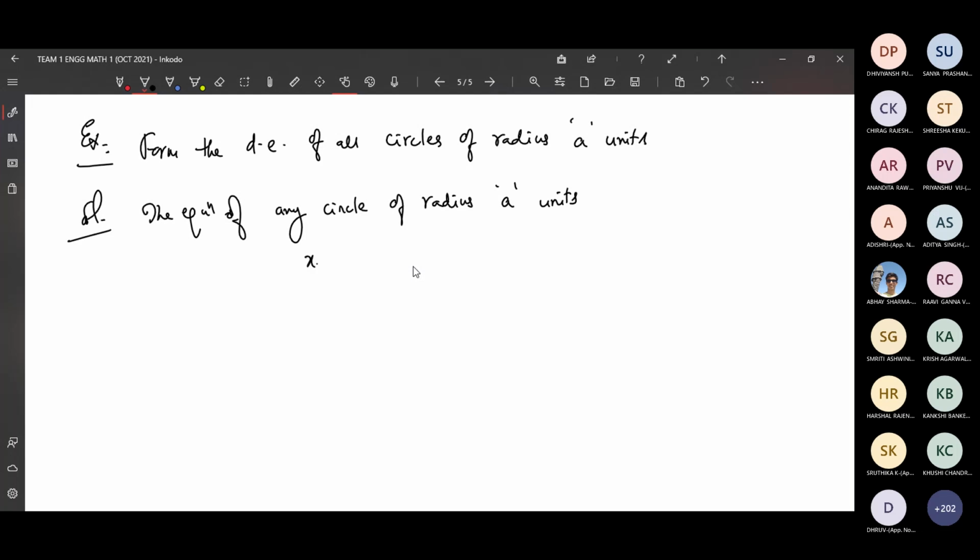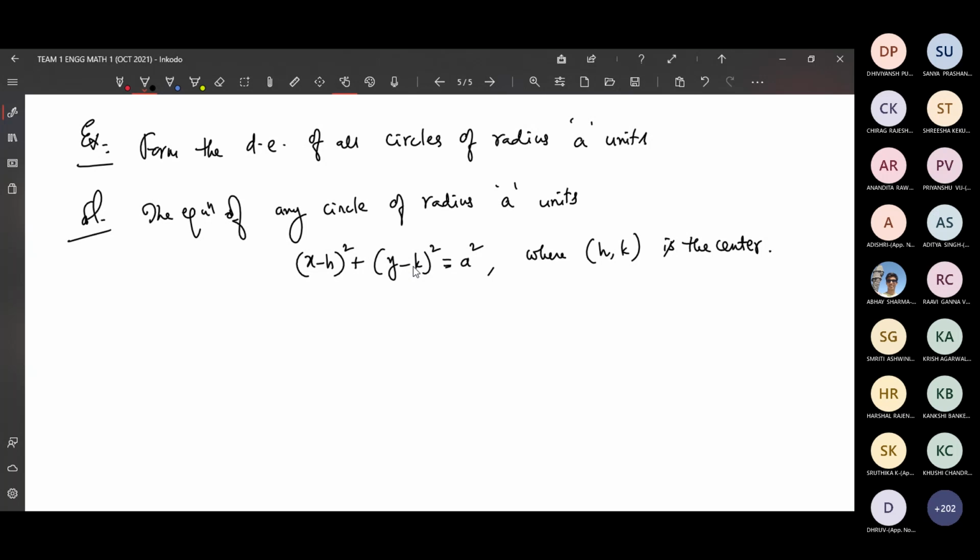This is well known: x minus h whole square plus y minus k whole square equal to a square. Here h, k is the center, and a is an arbitrary constant, of course. The coordinates of the center are also arbitrary.